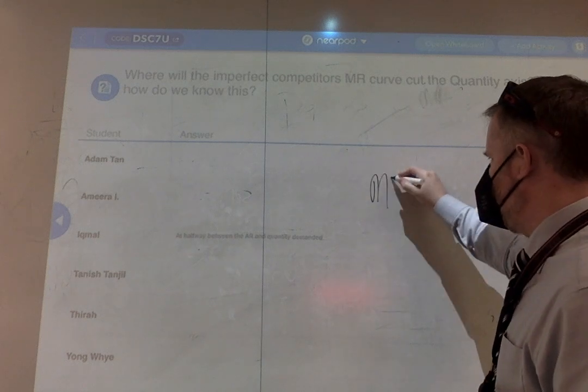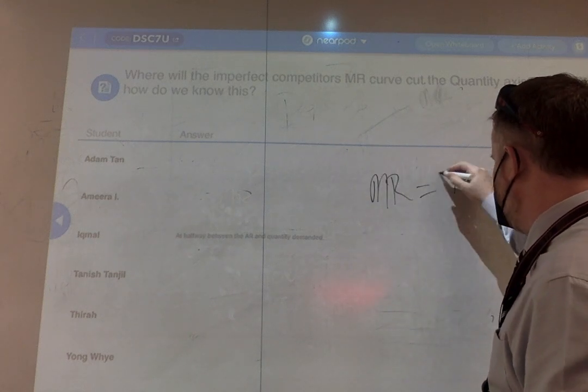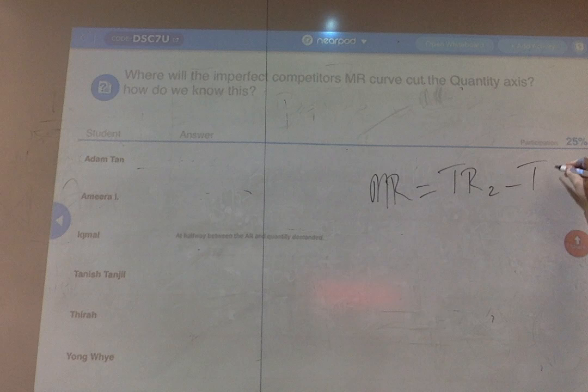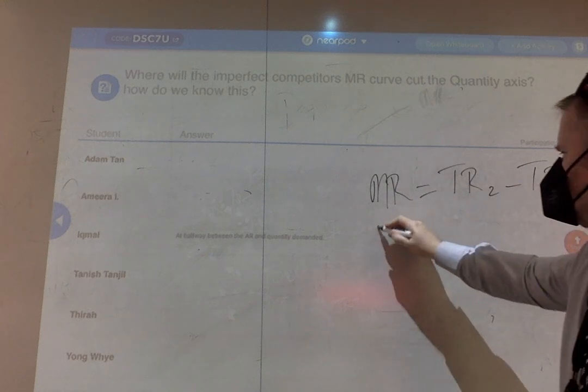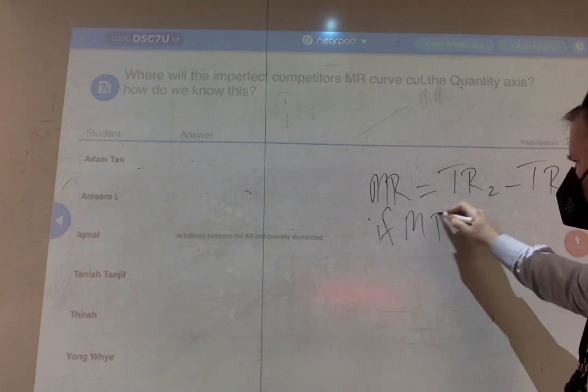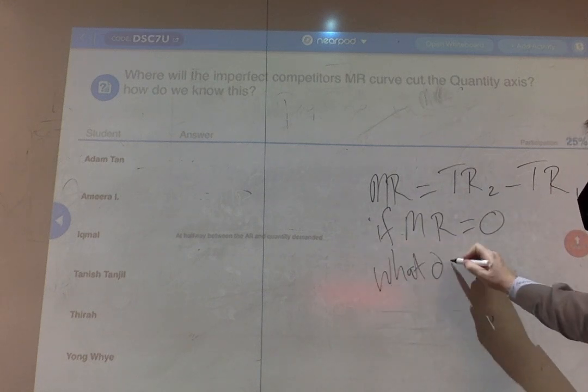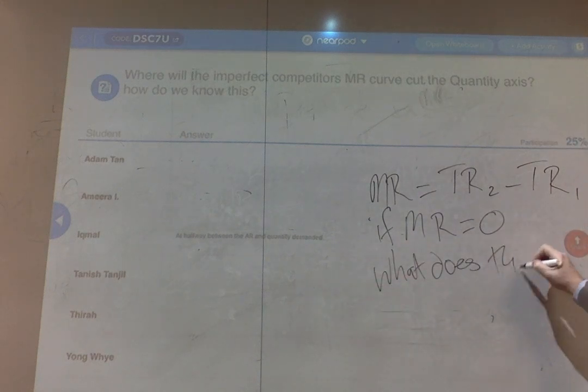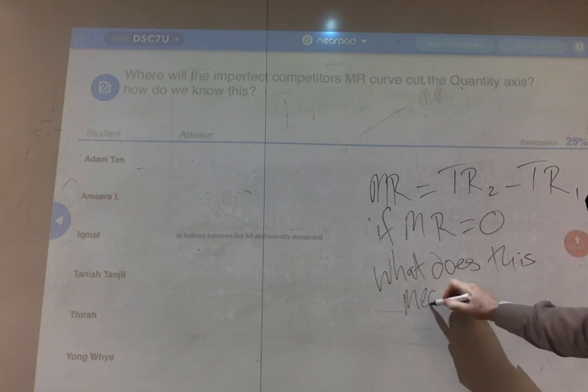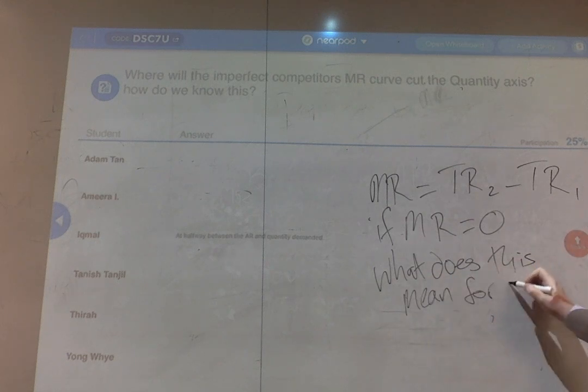Alright, marginal revenue is TR2 minus TR1. So if MR equals 0, what does this mean for total revenue?